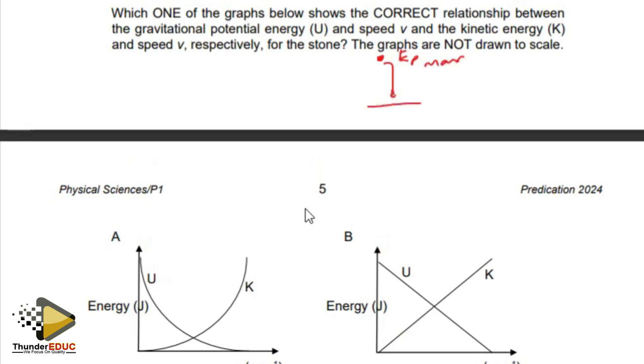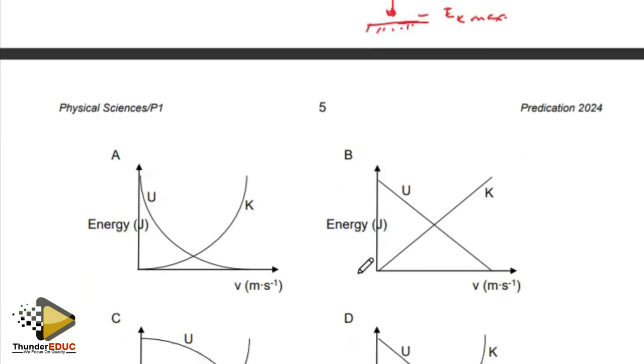And then at the bottom, where it reaches the ground, it's going to have EK max. If it's EP max, this is going to be EK minimum, say 0. Then if it's EK maximum, then EP will be minimum.